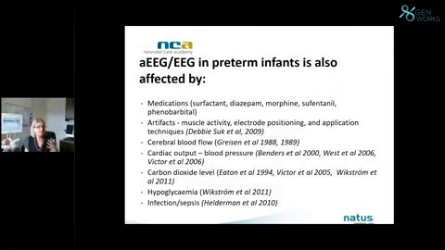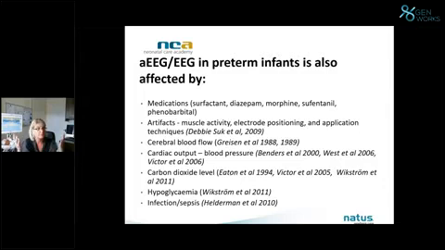Again, there's a lot of work out there. You can go and do literature searches on all of the effects on the AEEG in preterm infants, and to try to summarize it quickly here, we know that medications can have an effect. So definitely surfactant, diazepam, morphine, phenobarbital can have an effect in depressing the background pattern.